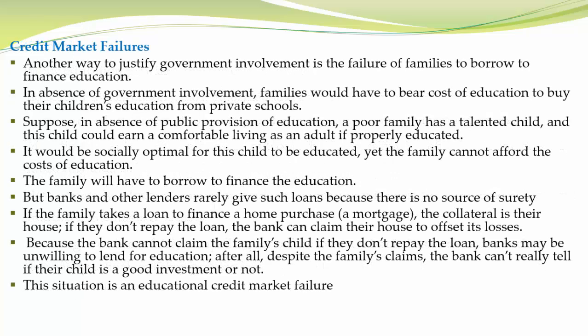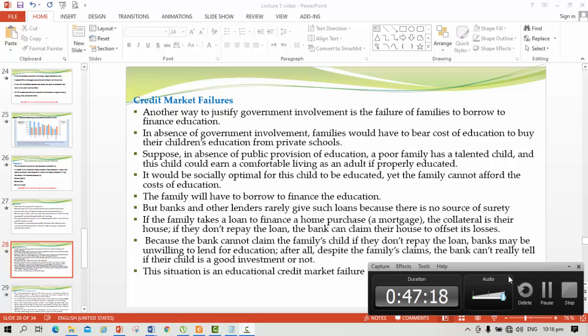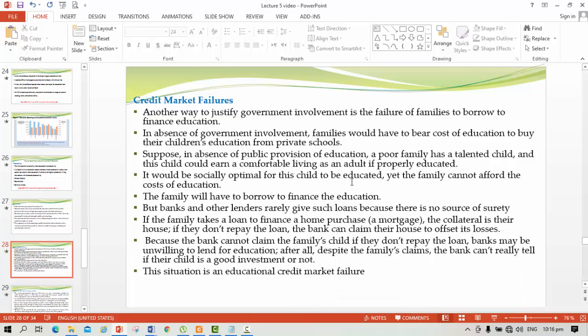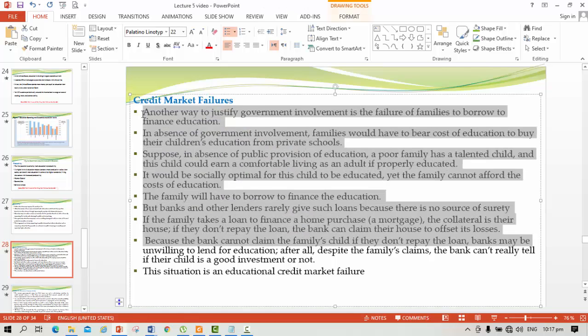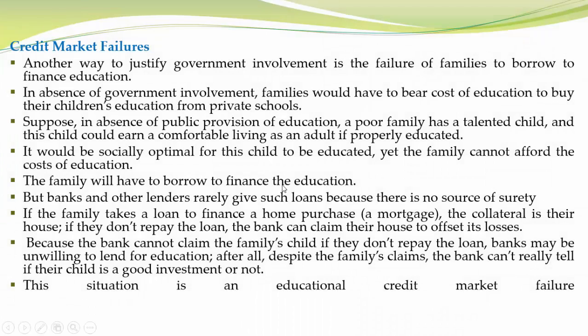Credit market failure. Credit market failure is another reason for public intervention in education. We can explain it with the help of a simple example. Another way to justify government involvement is the failure of families to borrow to finance education.